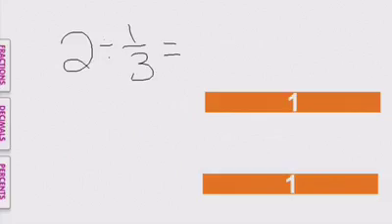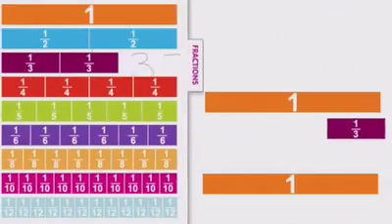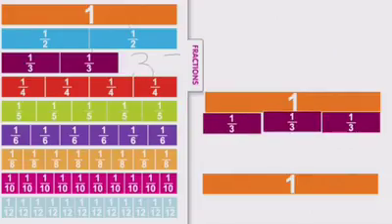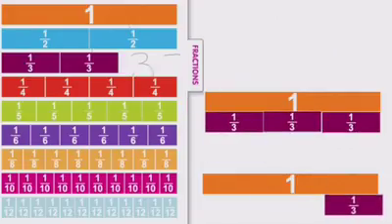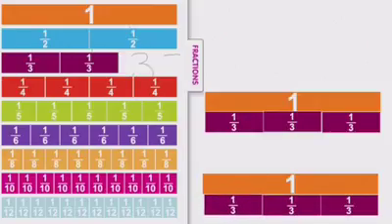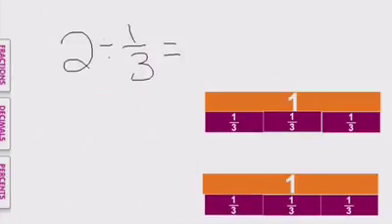Now we're going to be grouping those ones into 1/3 groups. So go ahead and select your 1/3 pieces. And remember, 1/3 means that you need 3 pieces to make a whole. Okay? So each whole number 1 should have 3 1/3 pieces.